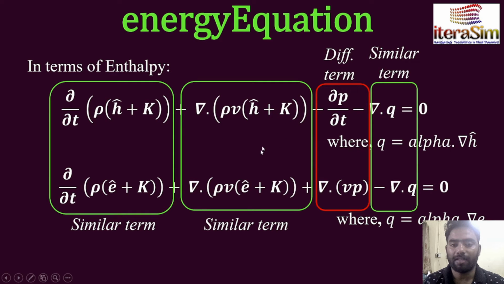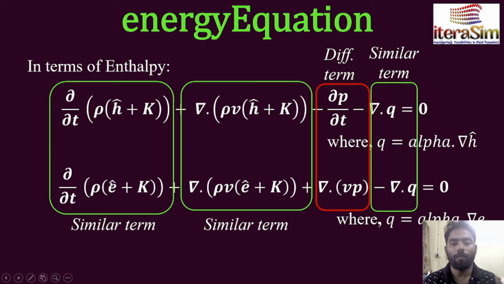So the only difference is the H and the E. These are the different terms that we need to treat in a different manner, and this is also a similar term.